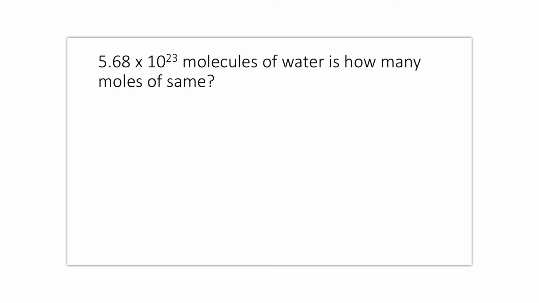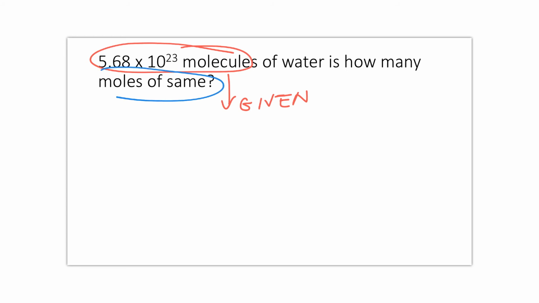Okay, so what are we given? We're given this number right here. So that's my given. And then what do we want? And that's that there. So we want moles.